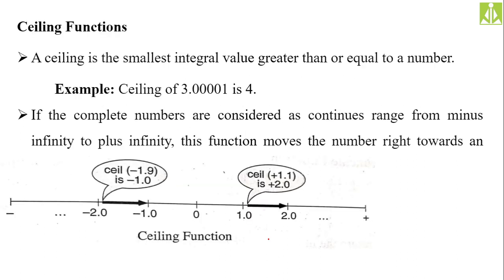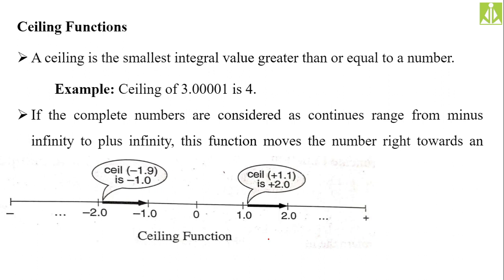Ceiling function, see here, whenever you go to a supermarket or a vegetable market and you are buying some items or groceries, then after purchasing all the items at the billing counter, they will give you the final figure of how much amount you have to pay, isn't it?